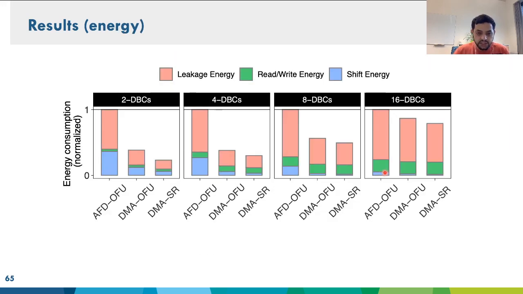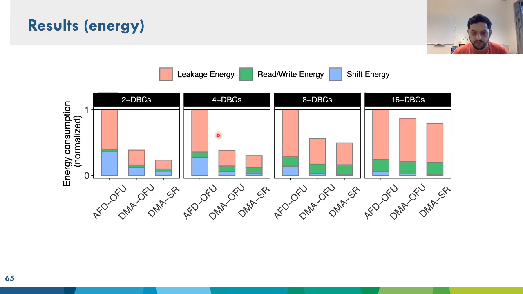Talking about the energy results, again it's the energy consumption normalized to the access frequency distribution with no intra-DBC optimizations. So again, smaller is better. DMA OFU is better compared to AFD OFU, and DMA shift reduce is better compared to DMA OFU, which means the intra-DBC optimization further improves the energy.